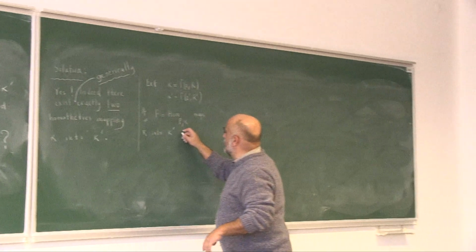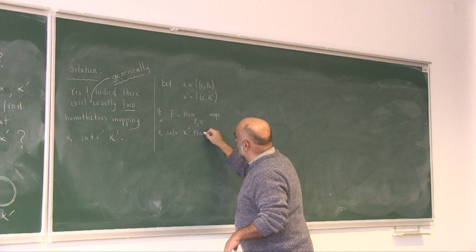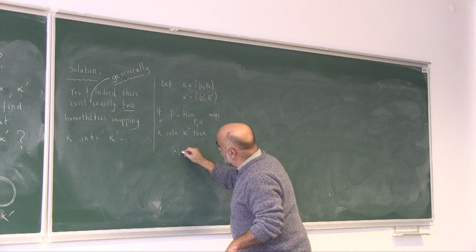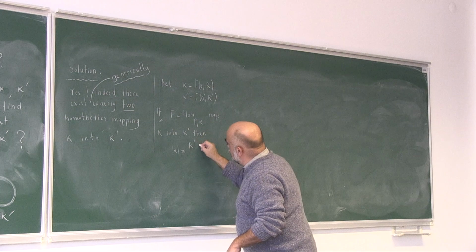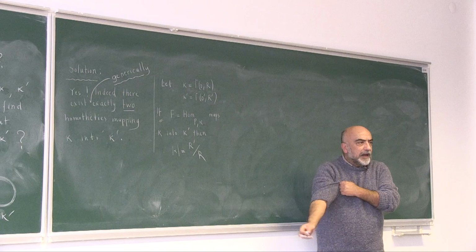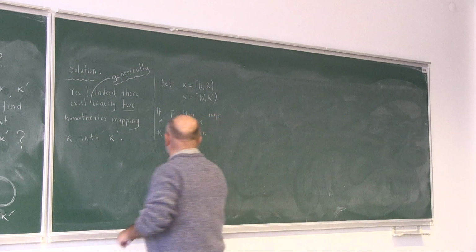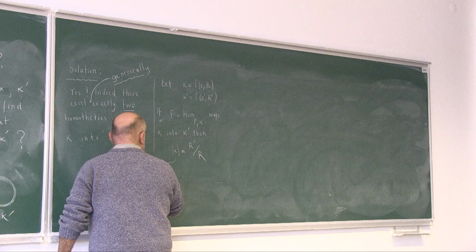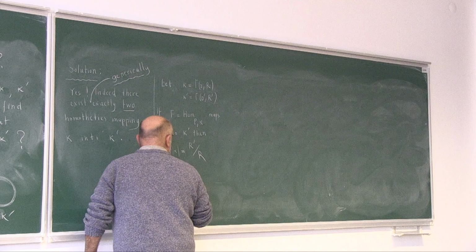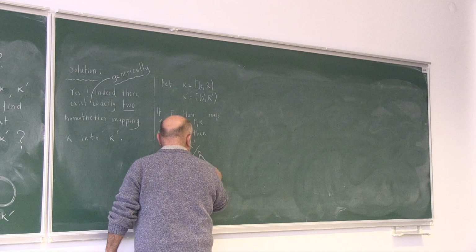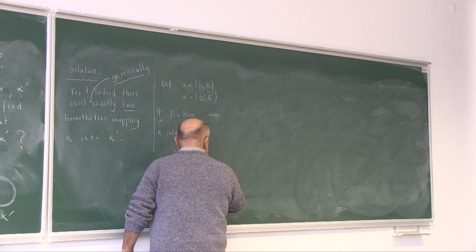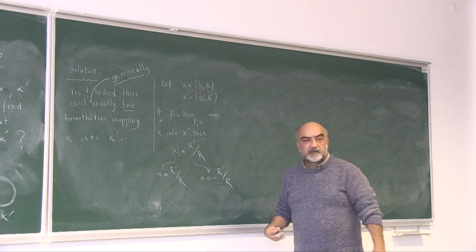If this is the homothetic, then the absolute value of alpha must in fact be the ratio of R prime over R. So in fact, there are two possibilities for alpha. Alpha may be either R prime over R, or alpha may be minus R prime over R. So there are two possibilities.